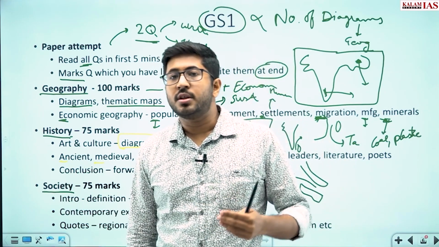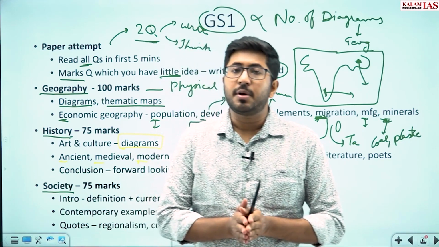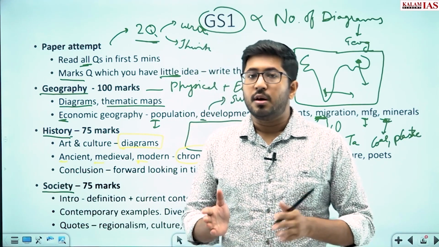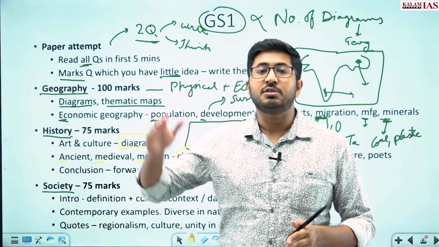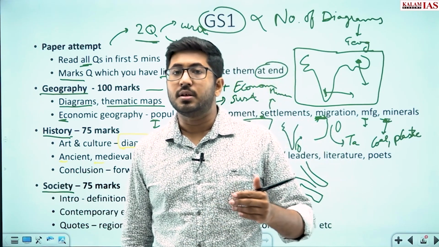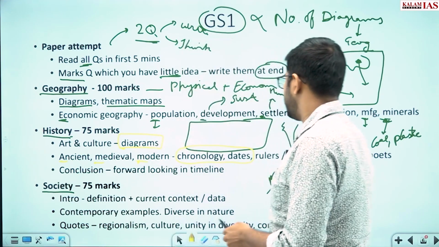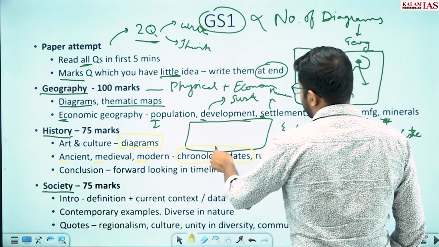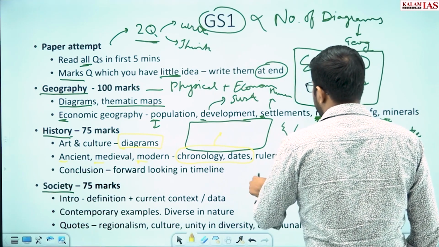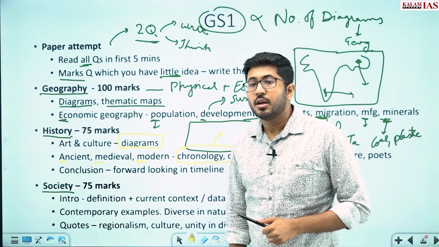Suppose the question on modern history is moderates versus extremists: you tell which part of the 18th or 19th century moderates were on the rise, and then extremists. And then important dates, like the Surat split, or the Lucknow Pact. A lot of chronology and dates add a lot of value in history answers, and so do the rulers and the leaders associated with that particular dynasty.